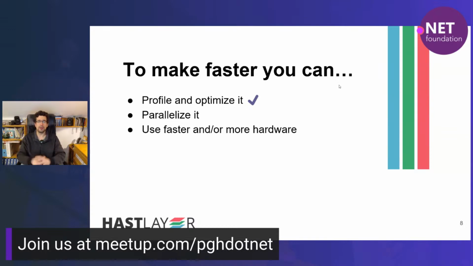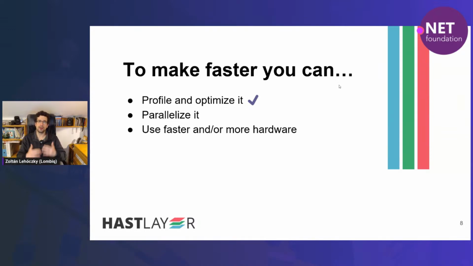Or you can use some other APIs to parallelize the algorithm inside your application. So pretty much utilize all the hardware that you have in your machine, be that machine something local or something in the cloud. Let's suppose that you have done that as well.